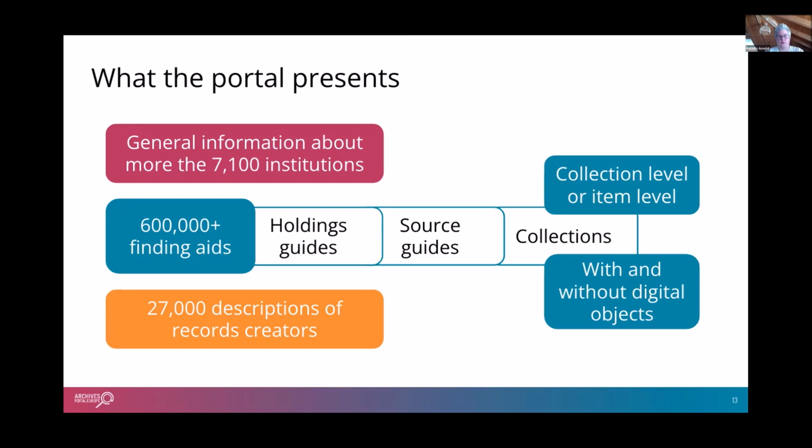And next to that, we also have some descriptions of records creators. That is something that we look into extending and enhancing in the next 2 years. At the moment, there's only about 1/3 of the countries in Archives Portal Europe who are also providing those descriptions. So we're looking into possibilities to enable other countries to also provide that.